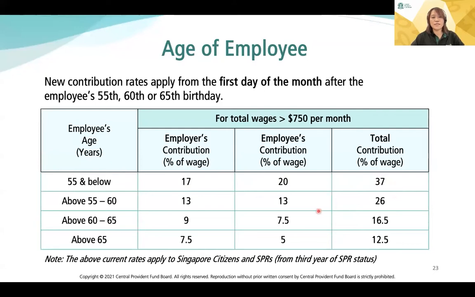Now you realize that from 55 onwards, the contribution rate will start to drop. So once your employee turns 55, you will need to remember to adjust their contribution rate. Okay.